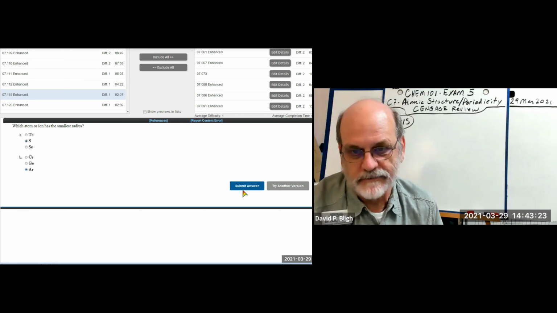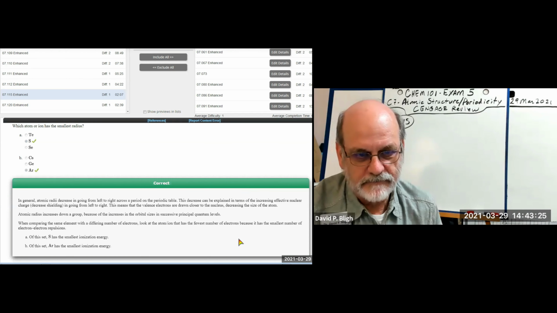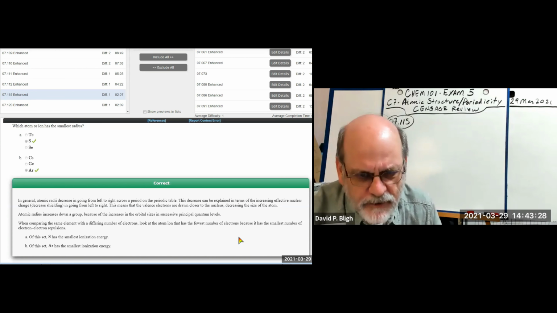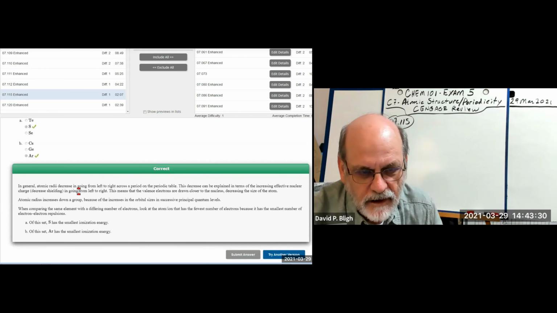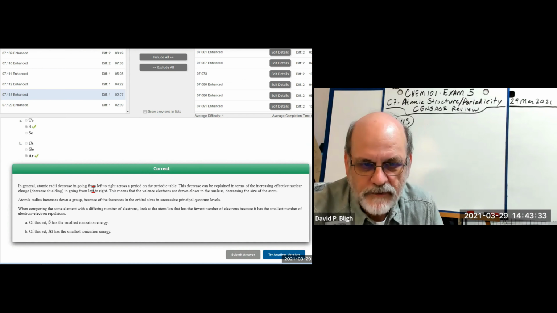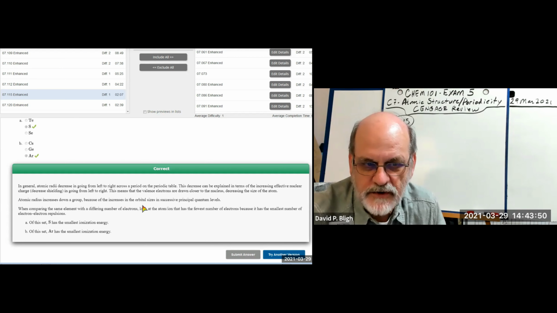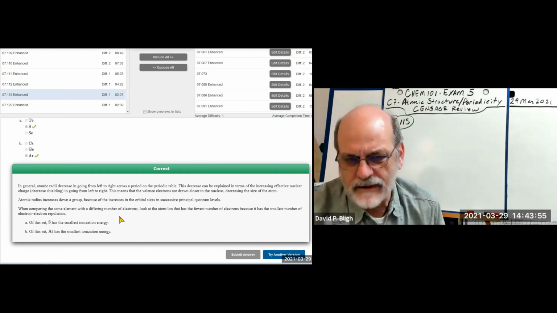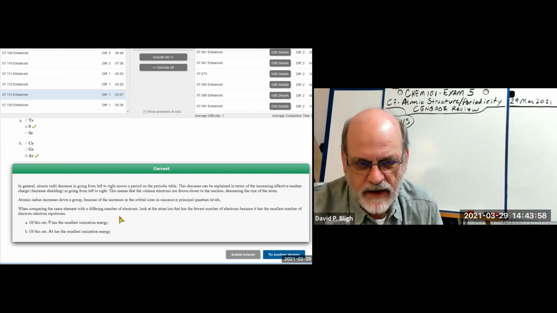Well, let's see if I'm right. Yeah? Now, I'm interested in the reasoning here. Atomic radii decrease in going from left to right across a period. Okay, that talks about atomic radii. When comparing the same element with a differing number of electrons, look at the atom or ion that has the fewest number of electrons because it has the smallest number of electron repulsions. Now, we didn't cover that, so I wouldn't expect you to know that one.